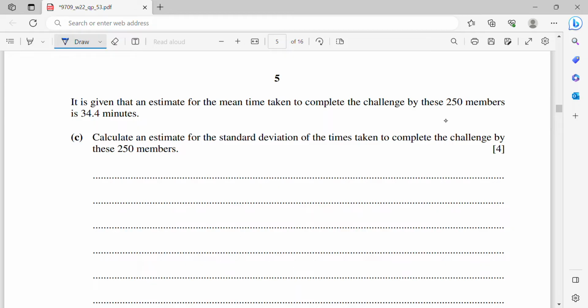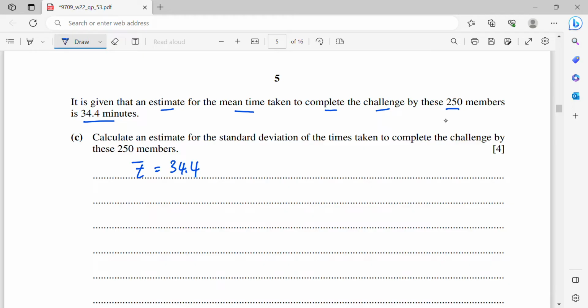Okay, now C. It is given that an estimate for the mean time to complete the challenge by these 250 members is 34.4 minutes, that means t bar is 34.4.